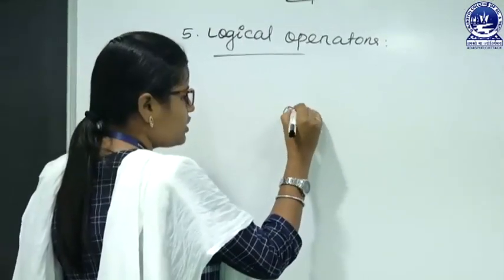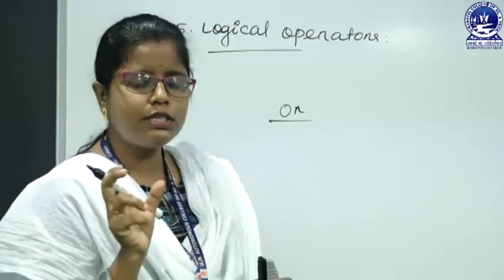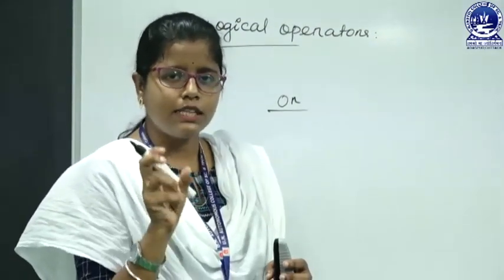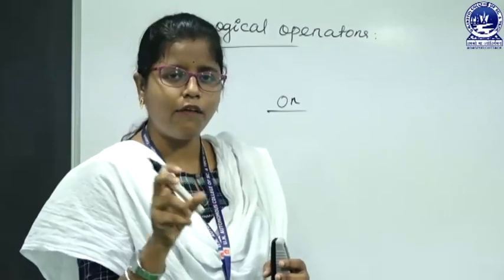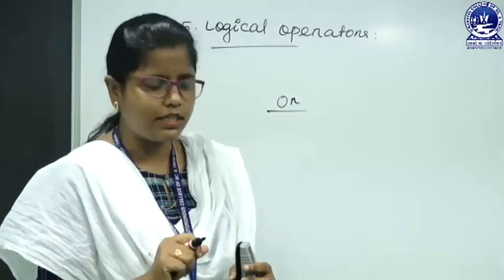Next, come to logical OR. What is the rule for OR? If both the statements return false, then by logical OR, false or false will give me false, otherwise the result is true.